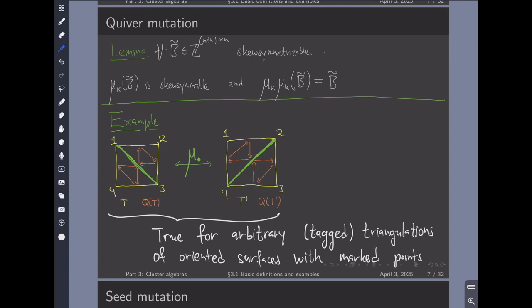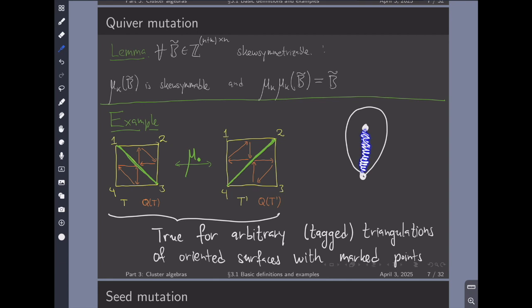The degenerate situation I'm referring to is that one may have two marked points, and in your triangulation you may have these loops surrounding this puncture and this other one. When you want to flip this, you can't, because you would like to erase it and replace it by another one, but if you erase it, you cannot replace it.